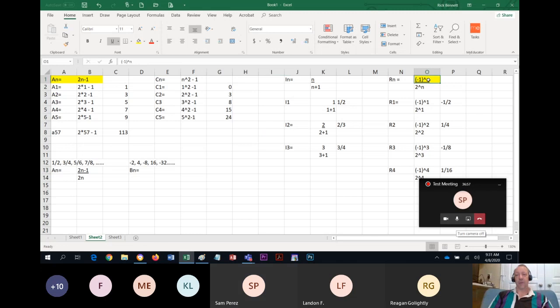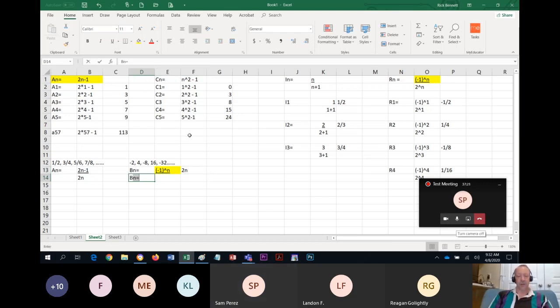Okay, so yes, very well done on that. So if we want the alternating signs, I'm going to copy that down to here, -1 to the nth power. We'll check it out and make sure that works properly. So -1 to the nth, and then what else did you say, Sam? 2 to the n or 2n? Yeah, 2n. Okay, so let's make sure that works.